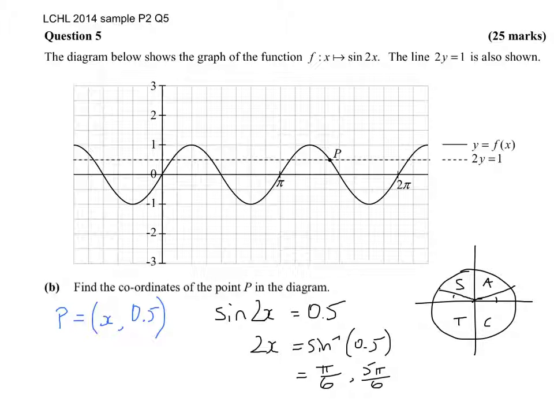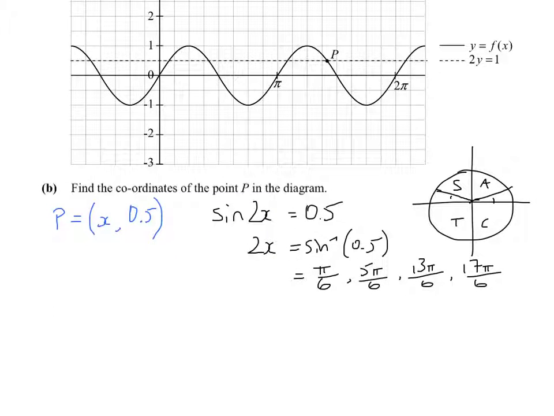And since the angle that was given in the sine function is 2x, we're going to do 2 revolutions. So we're going to go beyond 360 degrees by adding on 360 degrees, which is 12 pi over 6. We end up with 13 pi over 6, and adding on another 12 pi over 6 to the 5 pi over 6, we end up with 17 pi over 6.